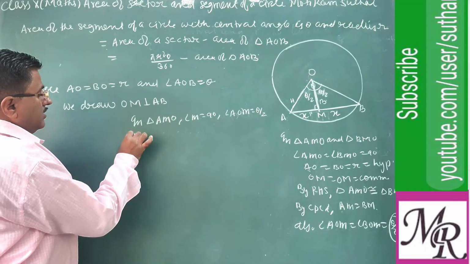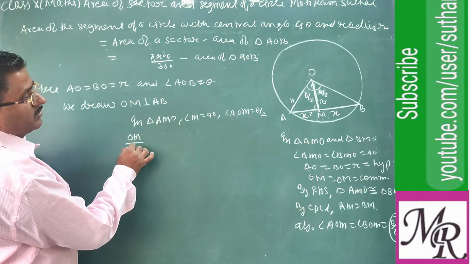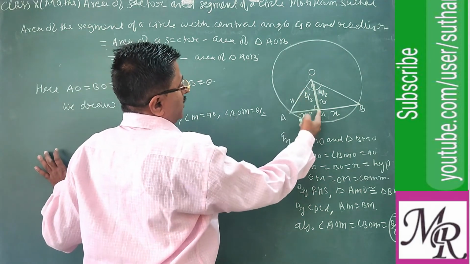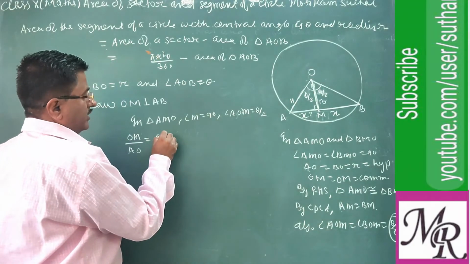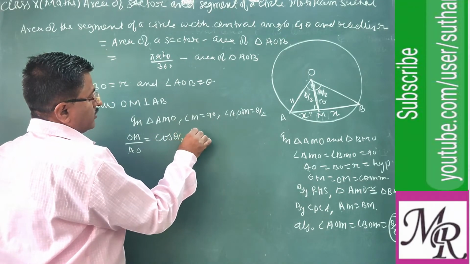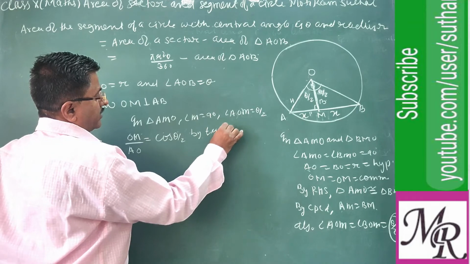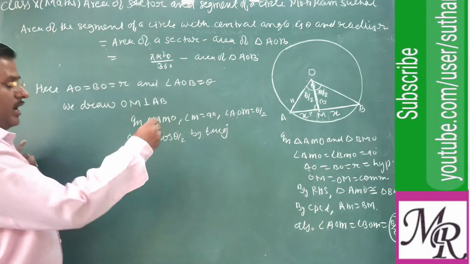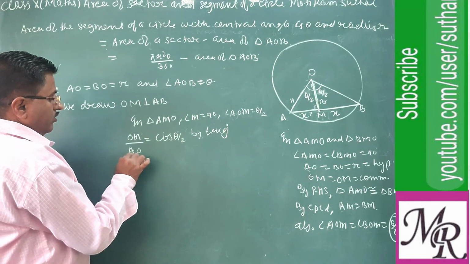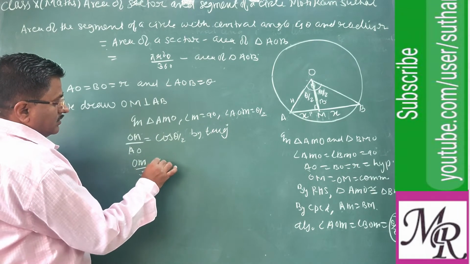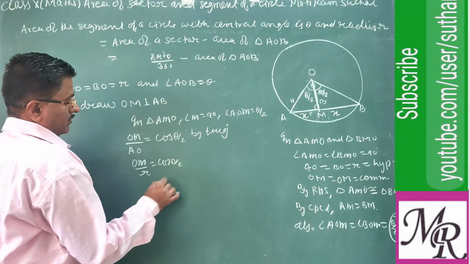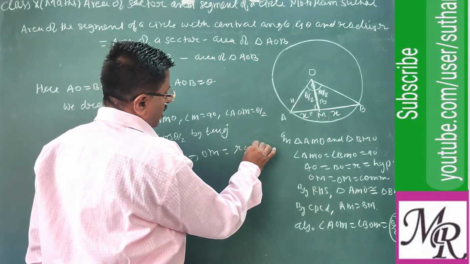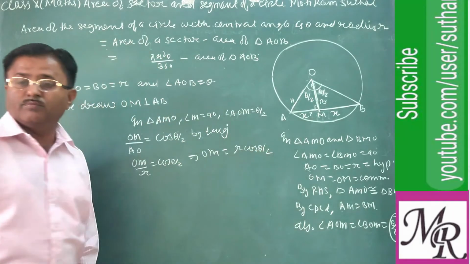OM upon AO, that is base upon hypotenuse, is cos theta by 2. Now OM we want to find, that is the height, and AO is the radius. So from this we get OM equal to R cos theta by 2.